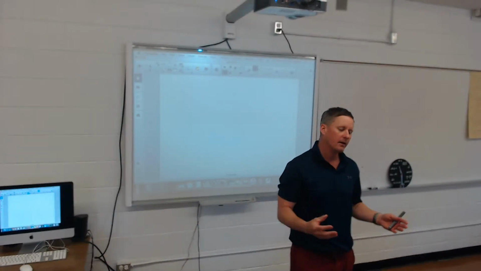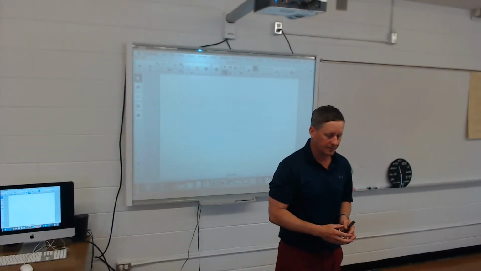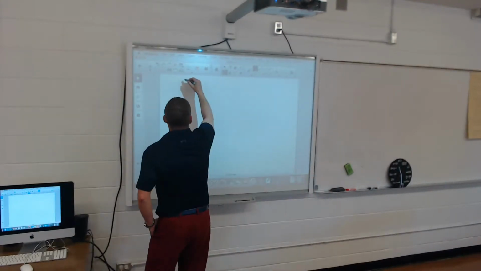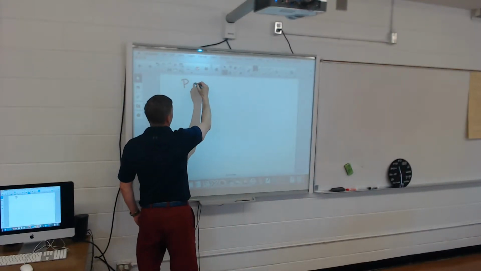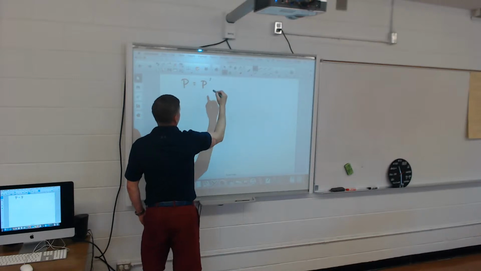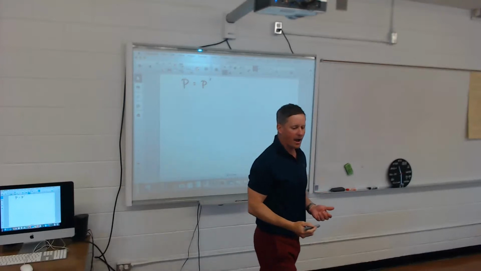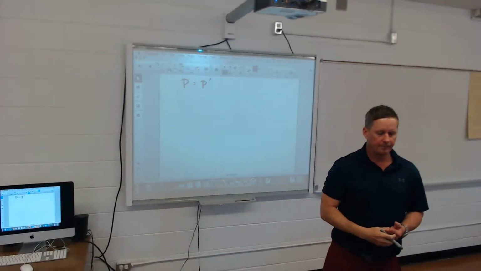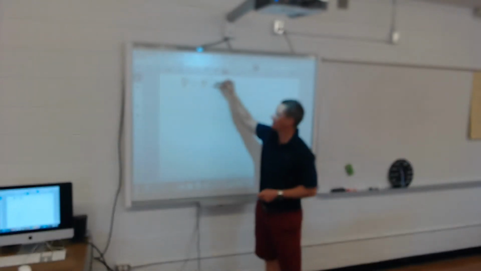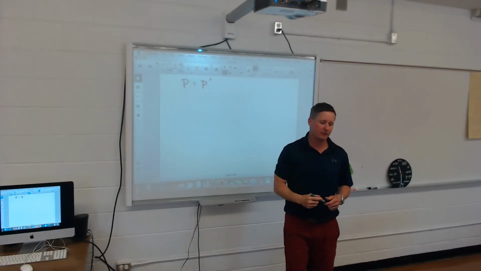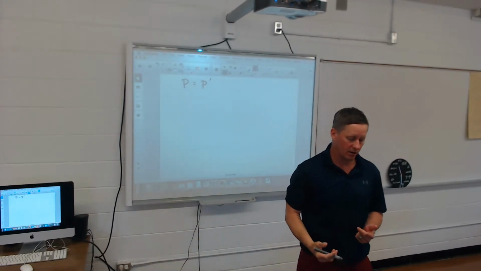It's the same thing for momentum. So my momentum beforehand is equal to my momentum after. I call it P prime, basically just a tick to tell me that this is the momentum after a collision occurs.